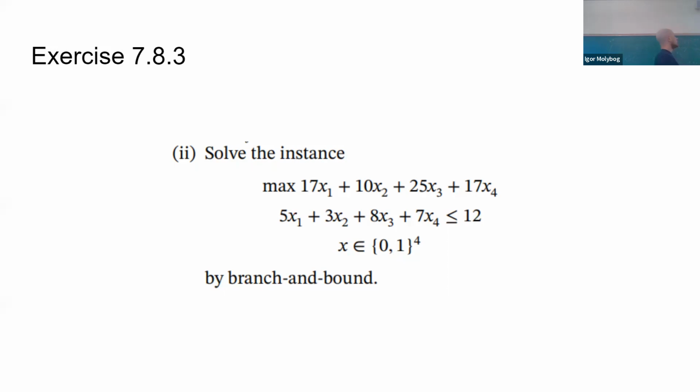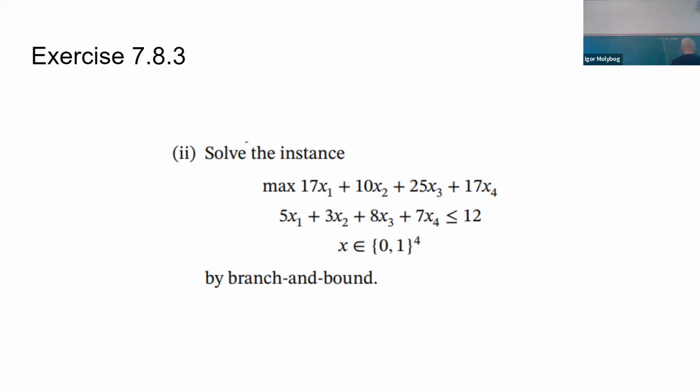And if you strictly follow the algorithm of solving the LP relaxation, you would still obtain a fractional solution where you have a fractional number in the first place, and then it would be 0, then 1, and then 0.